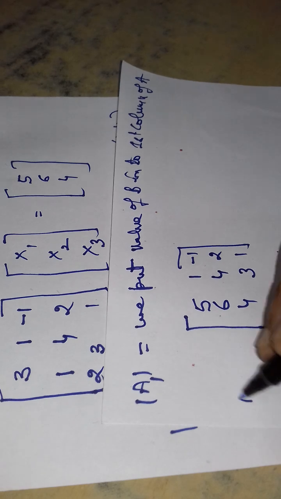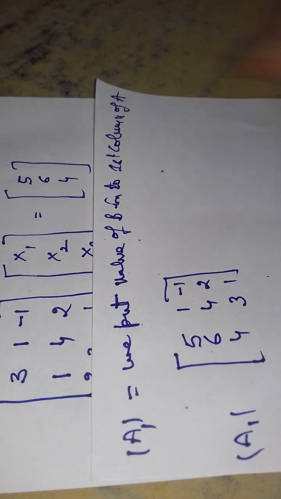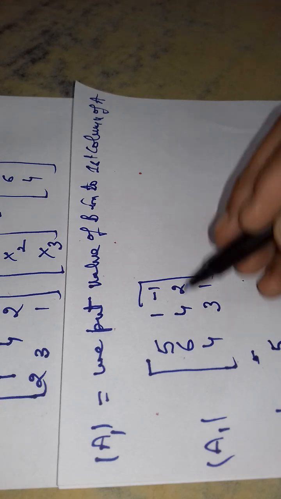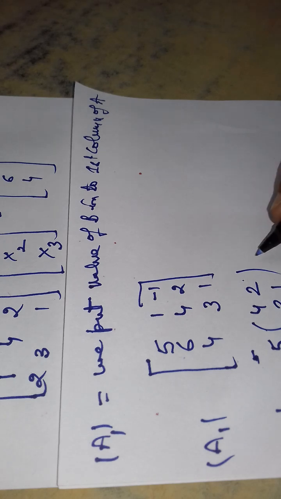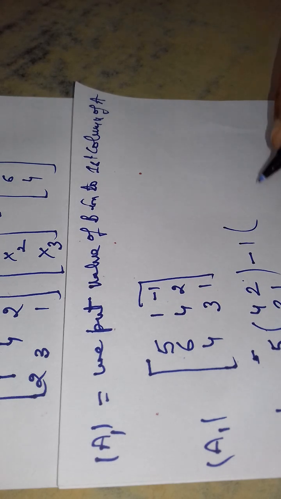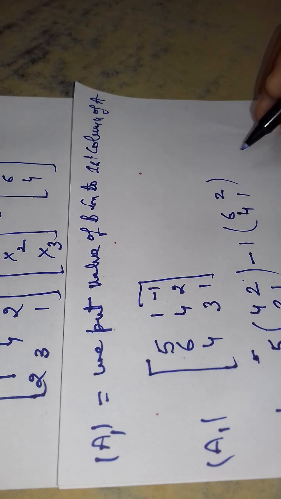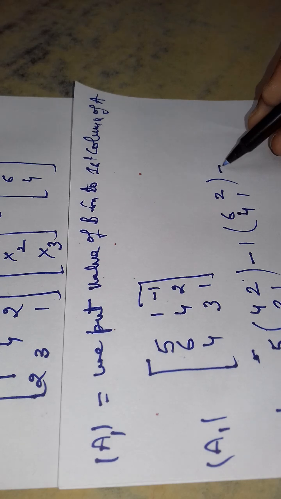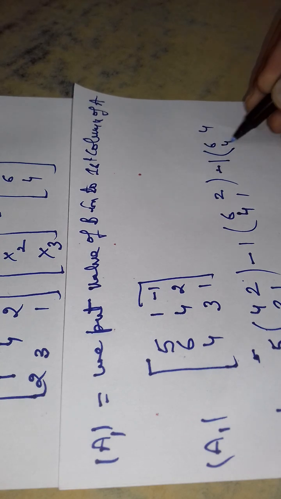Now we can get the A1 determinant by taking the determinant in the same manner. First, 5 times its submatrix 4 2 3 1, then minus 1 times 6 2 4 1, then plus minus 1 times 6 4 4 3.